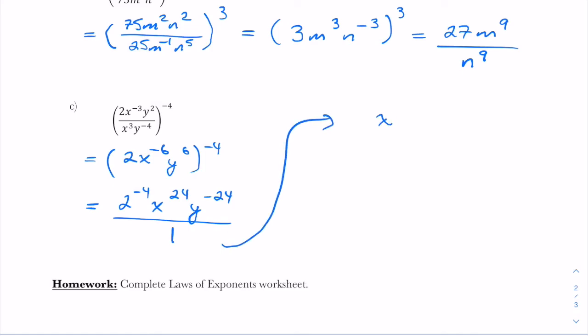So that's going to be x to the positive 24 all over 2 to the exponent positive 4 and a y to the exponent of positive 24. Simplifying now, we have x to the 24, 2 to the exponent 4 will give you 16, and that's going to be multiplied by y to the 24th. And that's going to be our final simplified answer.